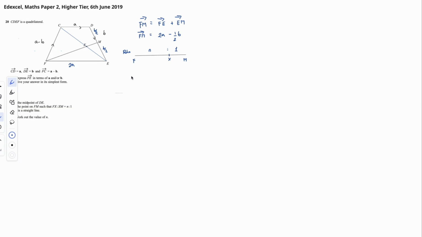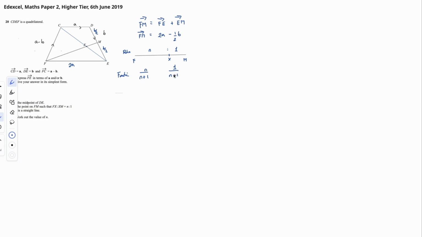We could work this out as a fraction, where the total length of this line is n plus 1. So F to X is n over n plus 1 as a fraction, and X to M is 1 over n plus 1.